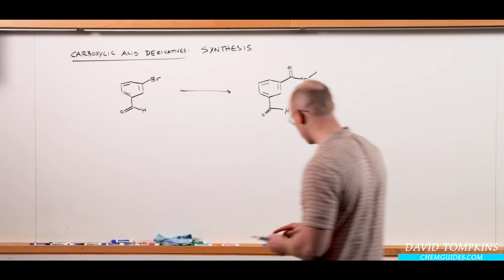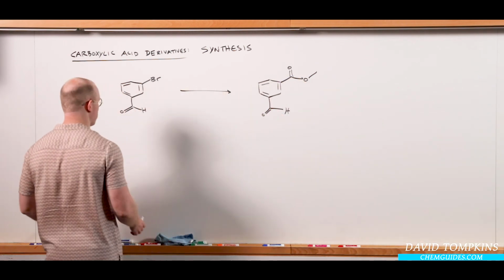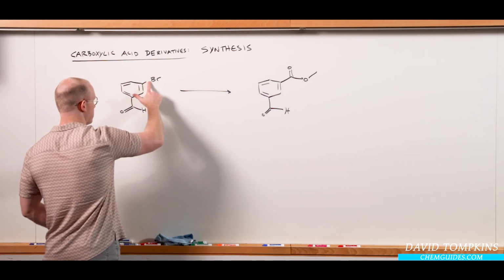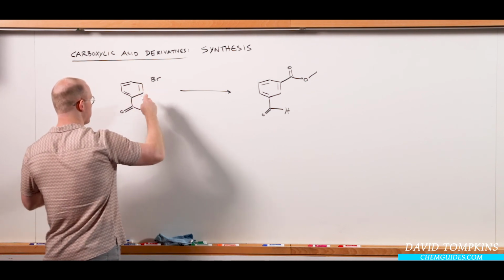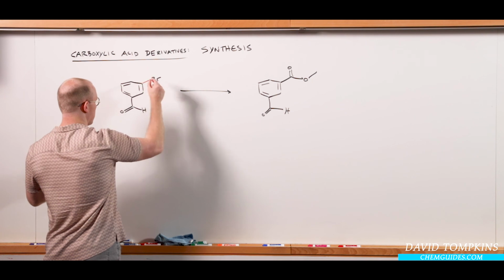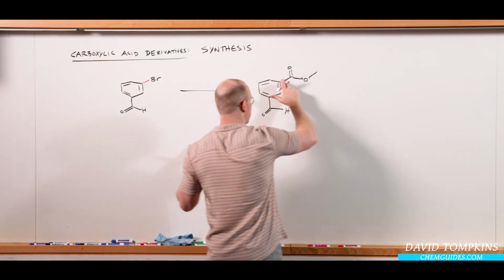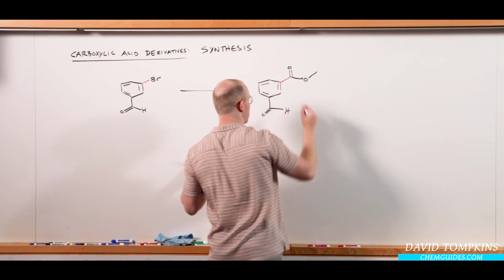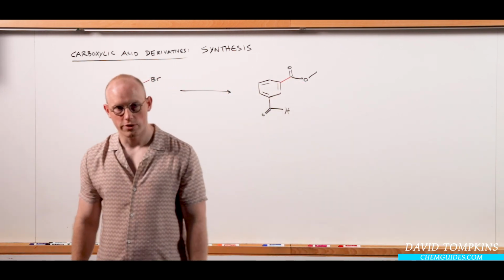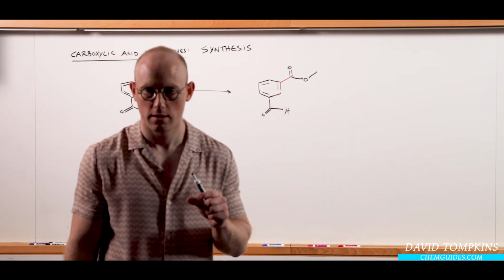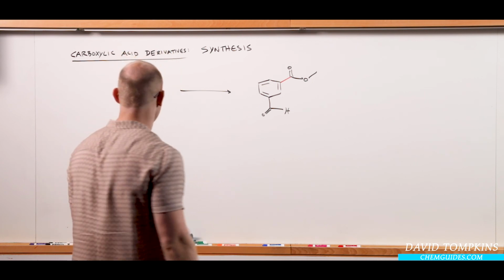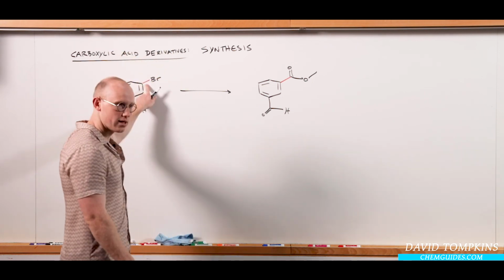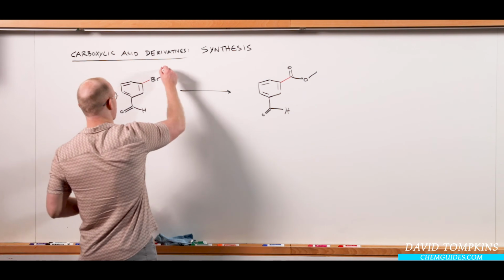First of all, what I notice is that we have formed a new carbon-carbon bond. This carbon-halogen bond here has been turned into a carbon-carbon bond. And generally, when you see a carbon halide bond that is reactive, you can turn that carbon halide bond into an organometallic.